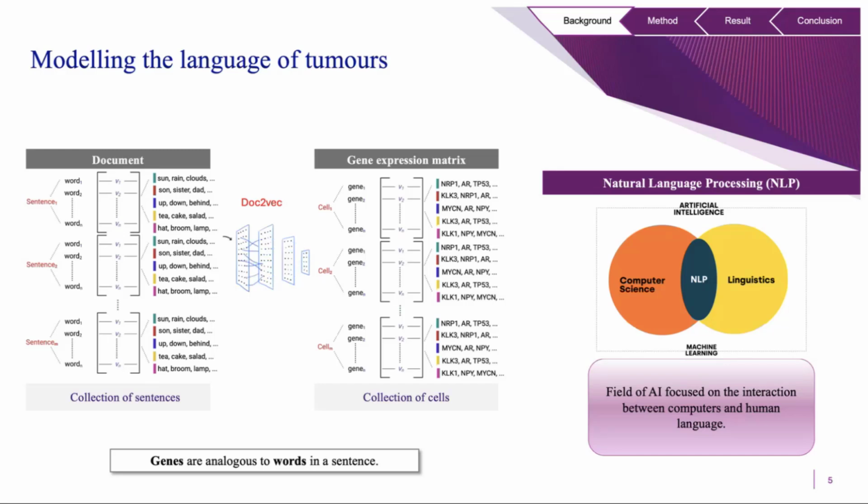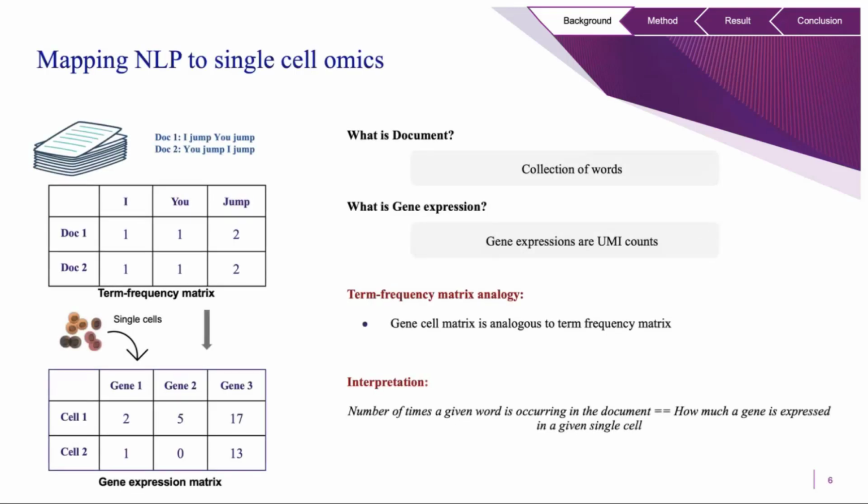So here we have considered that the cells are analogous to a document or a sentence, and the genes are analogous to the words within those documents. Now, one of the major challenges was how do we bridge the gap between NLP data and the single cell data?